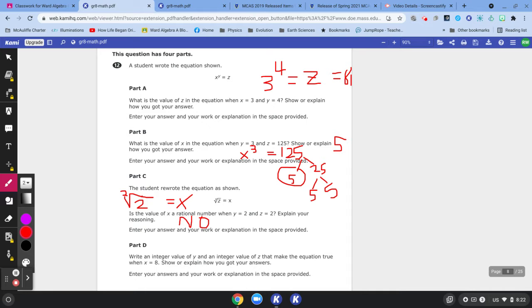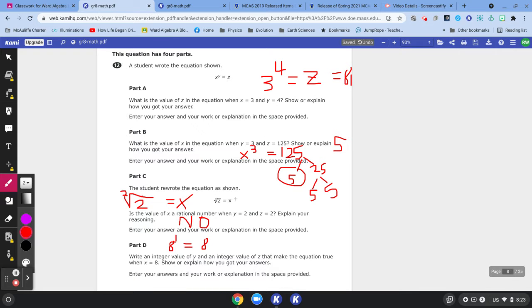If they're referring to the equation at the top, we are going to say x is 8, and we'll say, okay, 8 to some power equals some power. So if y was 1, well, then z equals 8. If y is 2, then z equals 64.